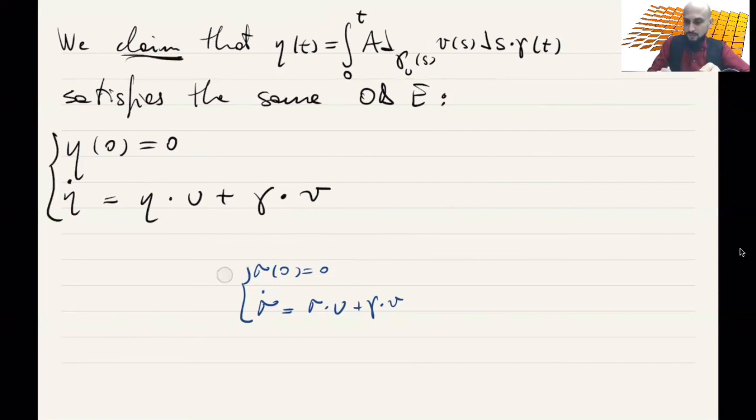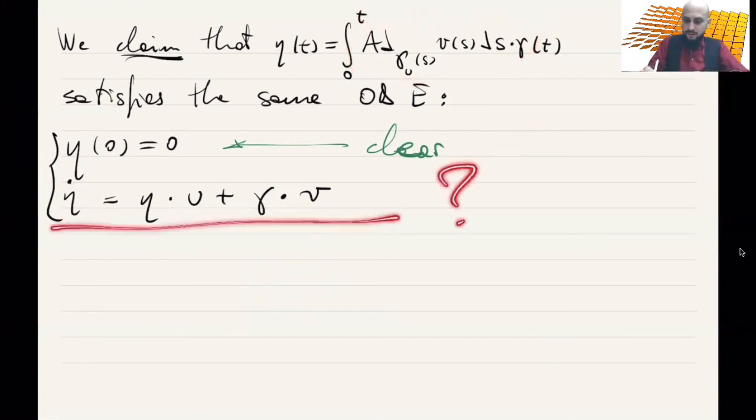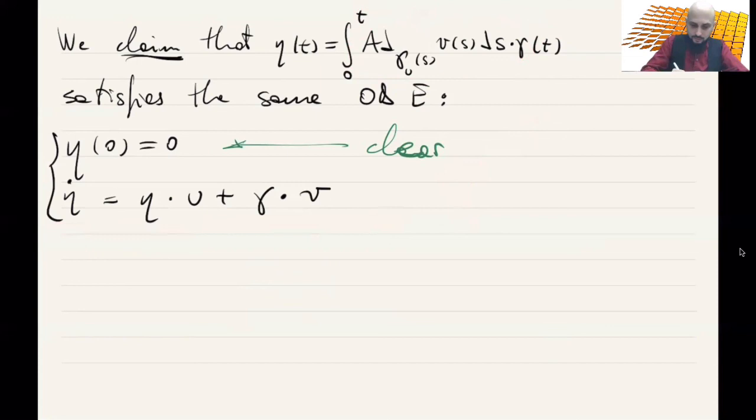Let me erase the system for sigma. Now this is clear: for t equals 0, this becomes 0. So now this other one, why is this true? Let's take the derivative of the curve eta. Eta dot is equal, okay, here it depends on t twice, so it's a product.